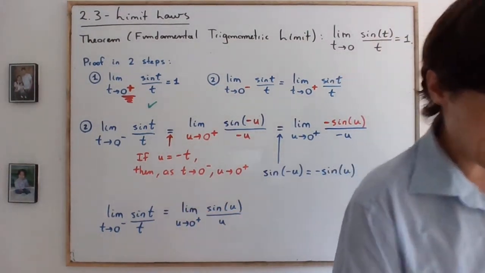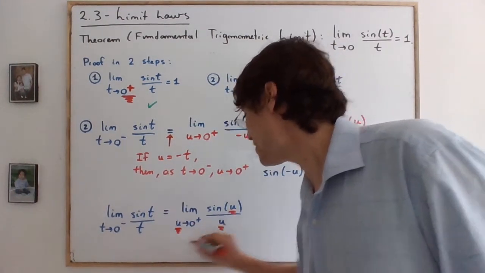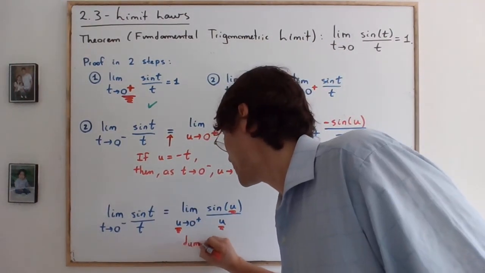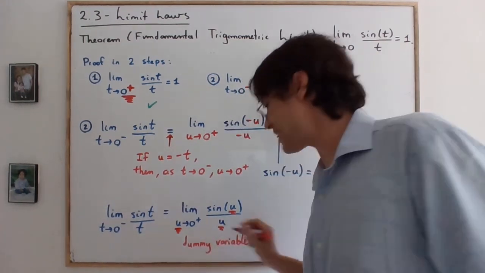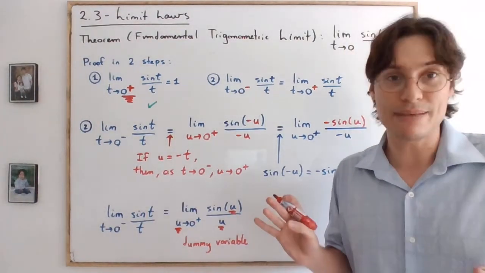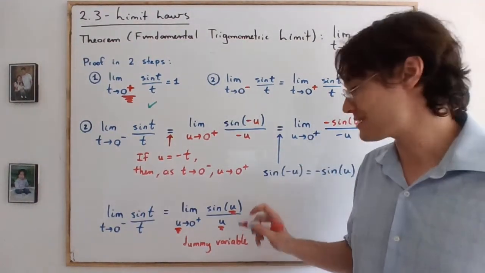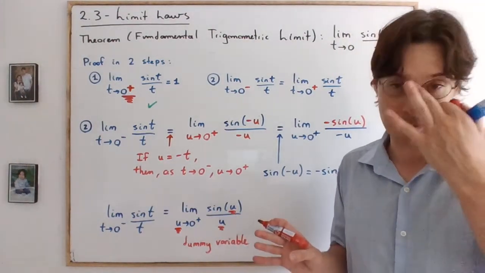Now, I will just say that this u over here is called, well, I will call it a dummy variable. What I mean by that is that once we perform the limit, we don't have u's or t's anymore. As soon as u is approaching a certain value, it disappears from the expression.